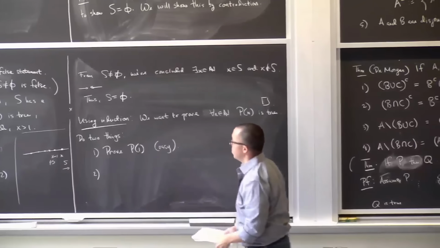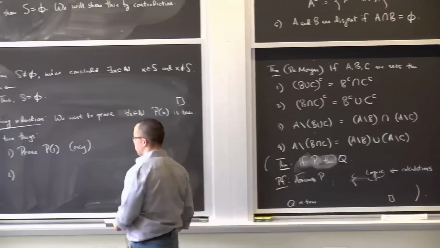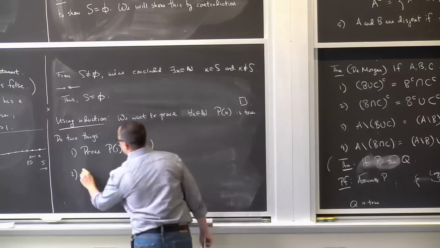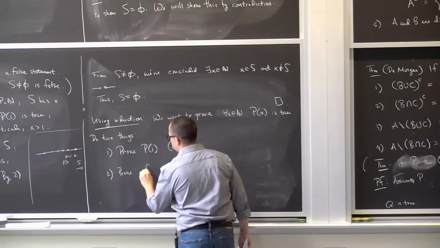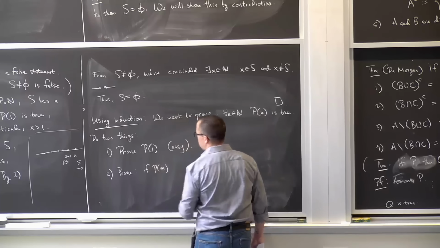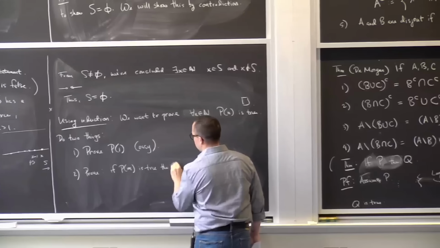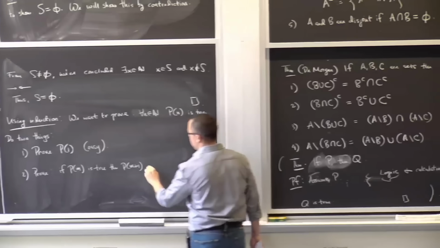And the second thing we have to prove is the more involved part, which is we have to prove the statement that if P of m is true, then P of m plus 1 is true.